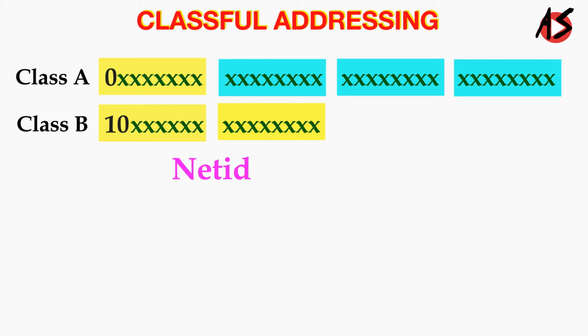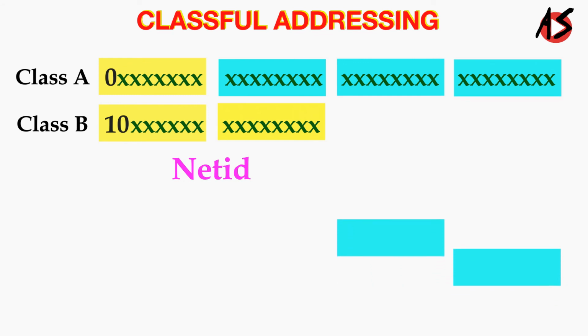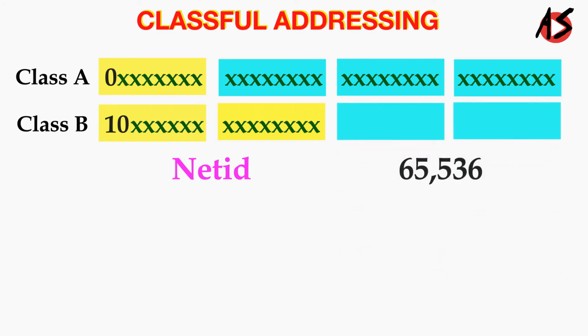Therefore, class B is divided into 2 raised to 14, equal to 16,384 blocks, that can be assigned to 16,384 organizations, or even less because some blocks were reserved as special blocks. However, each block in this class contains 65,536 addresses. Not so many organizations can use so many addresses.